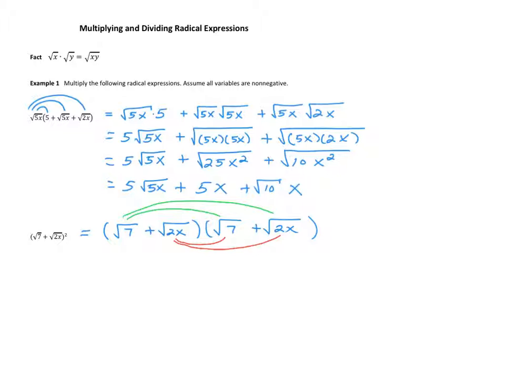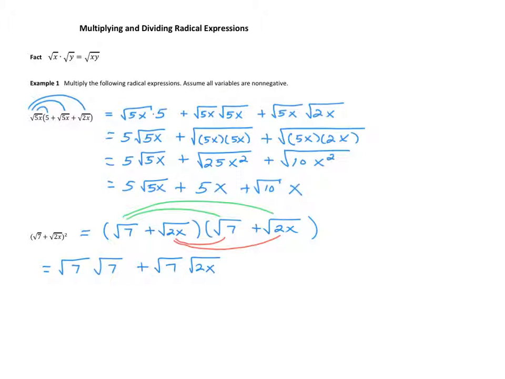If I multiply in the square root of 7, I get the square root of 7 times the square root of 7, plus the square root of 7 times the square root of 2x. That came from multiplying this to both terms. Let's repeat this process with the square root of 2x.